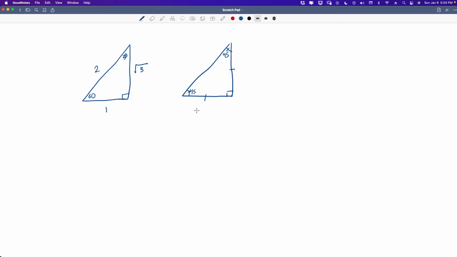In this type of triangle where the degree measure is 45, this side is 1, this side is 1, and this side is the square root of 2. So these are your base measurements for an isosceles triangle where both of these congruent angles are 45 degrees. All right, that's your unit of reference.